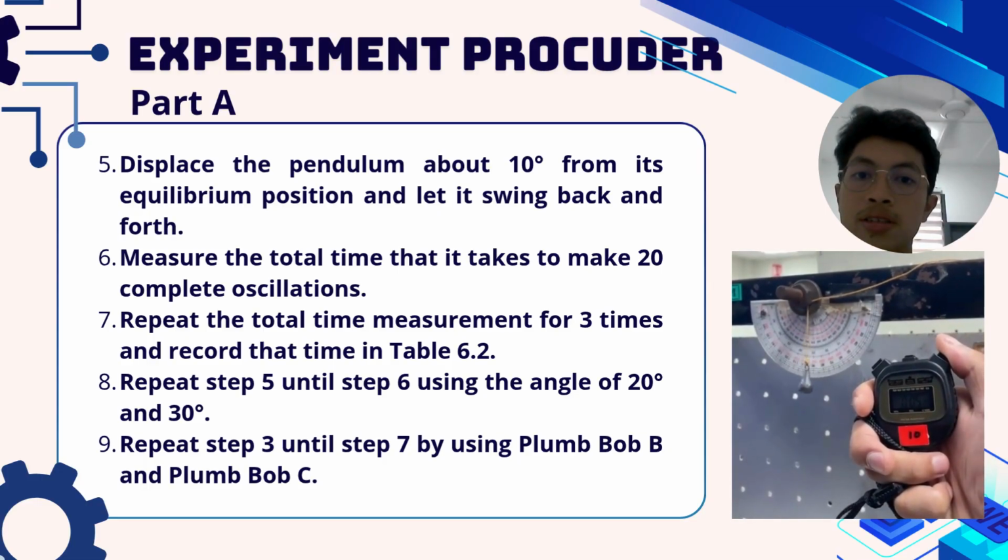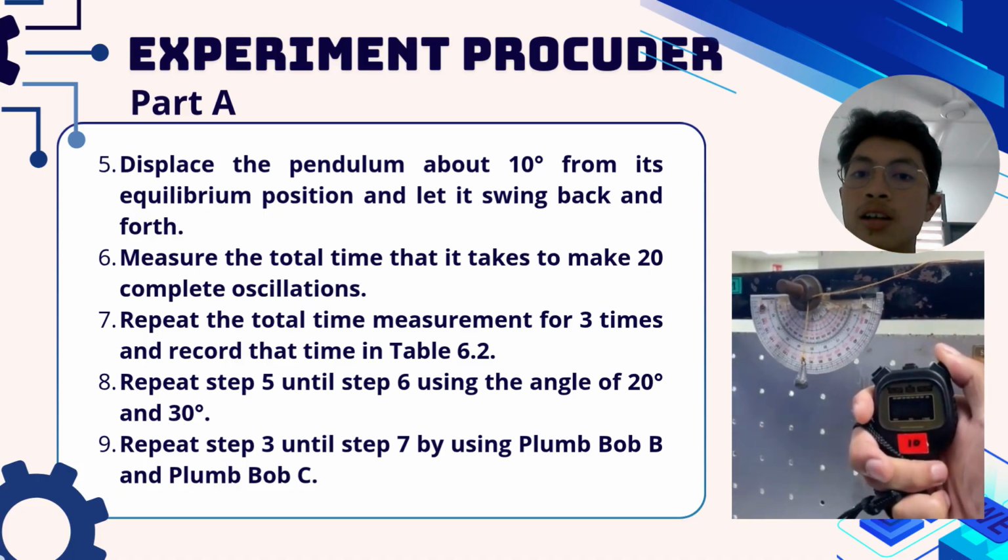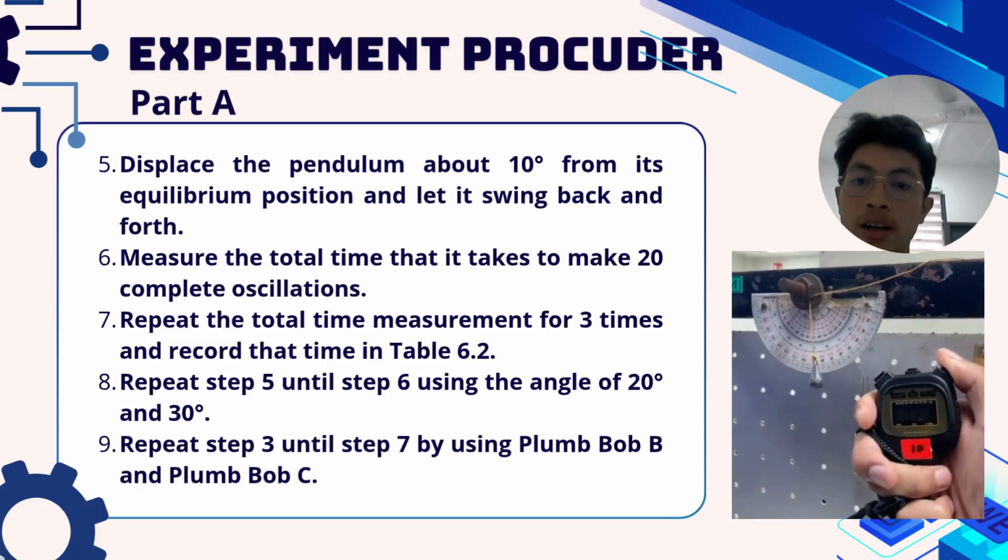Displace the pendulum about 10 degrees from its equilibrium position and let it swing back and forth. Step 6. Measure the total time it takes to make 20 complete oscillations.